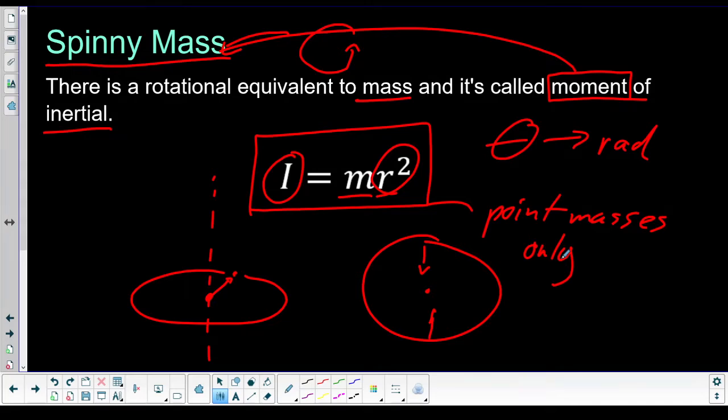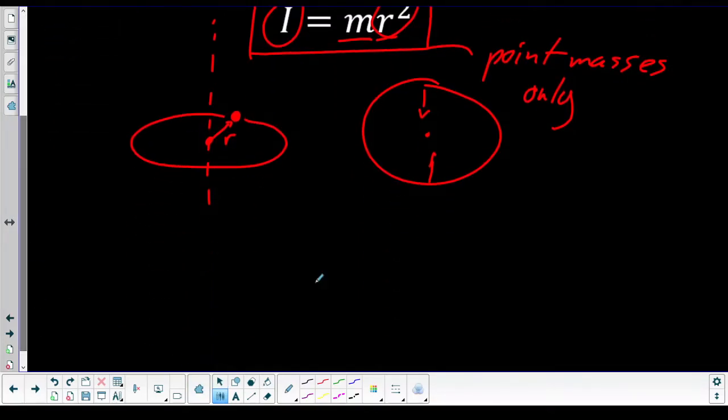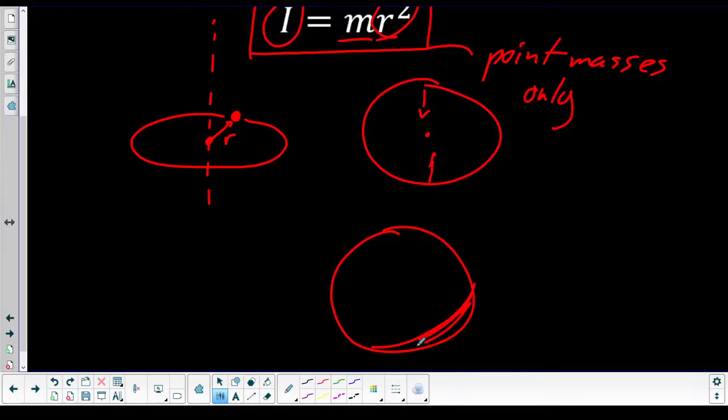And point masses are basically, the idea is this thing has to be pretty small compared to the distance from the axis. Like marbles going around a circle, probably fine, right? Things that are not fine are if you have like a whole sphere. Let me shade it. A sphere, and then the axis of rotation goes through the center of this thing.